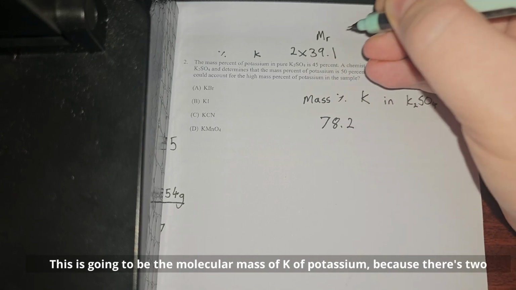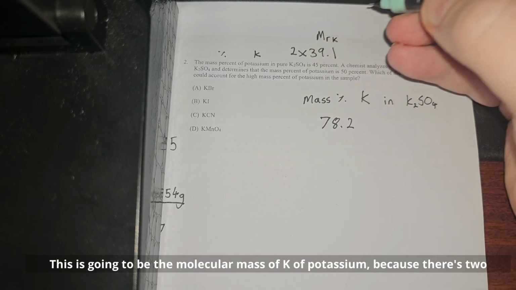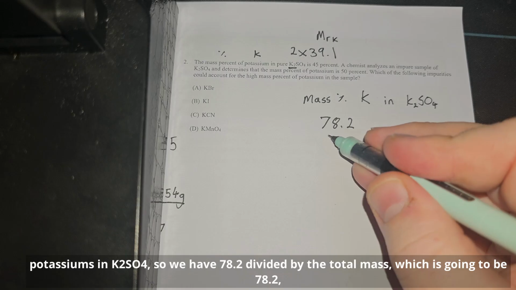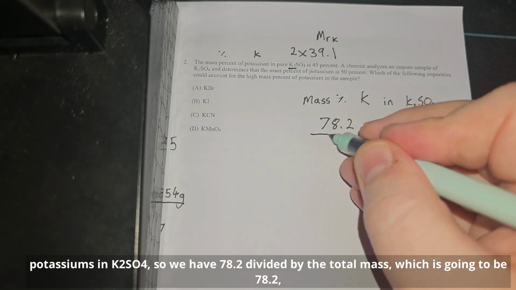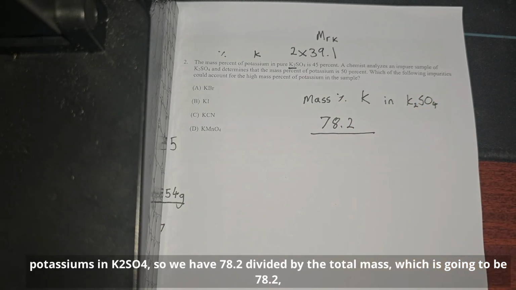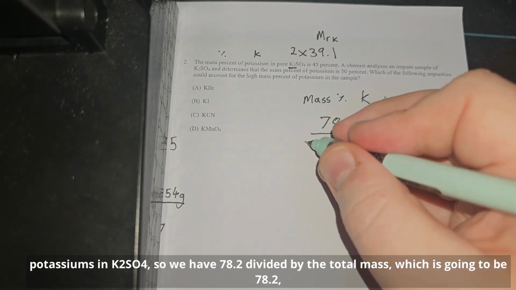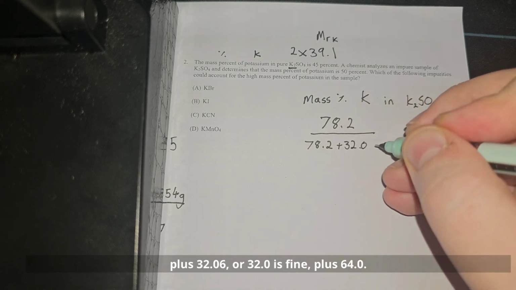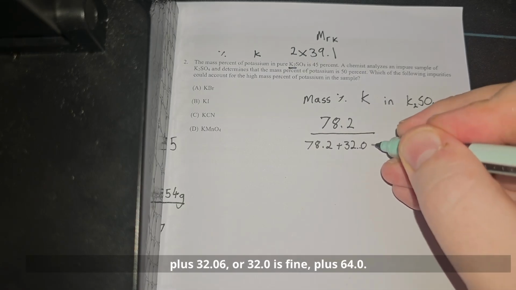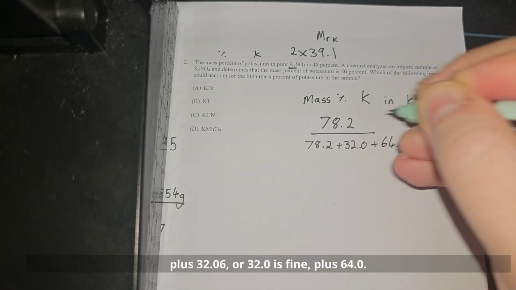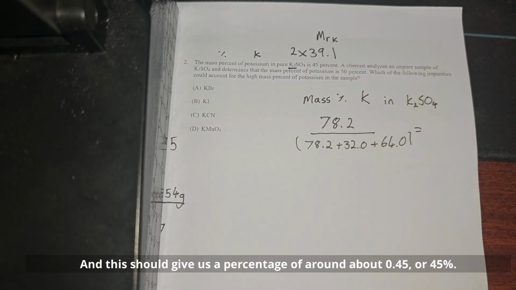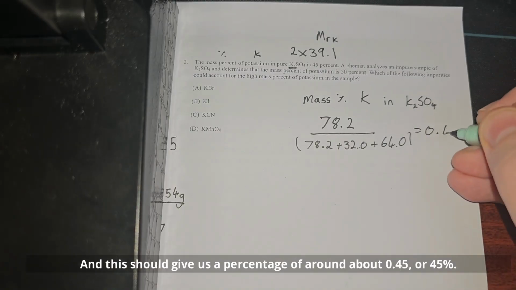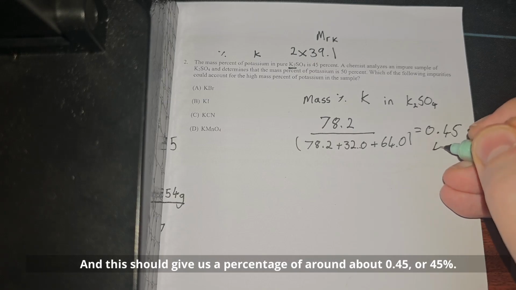This is going to be the molecular mass of K, of potassium, because there's 2 potassiums in K2SO4. So we have 78.2 divided by the total mass, which is going to be 78.2 plus 32.06, also 32.0 is fine, plus 64.0. And this should give us a percentage of around about 0.45 or 45%.